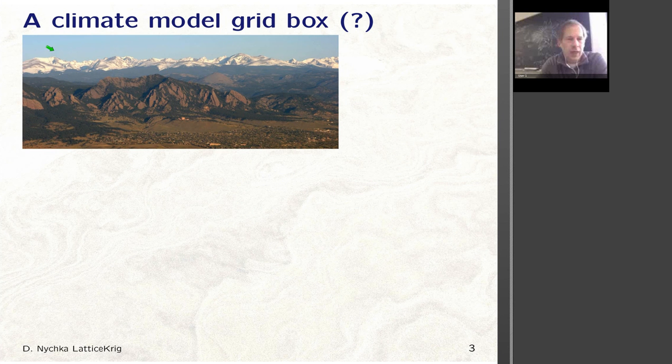Okay, so we want to run global climate models because they build in all of the large-scale interactions between the ocean and the sea ice and land effects and the atmosphere. But on the other hand, we want finer resolution to do climate impacts in detail.